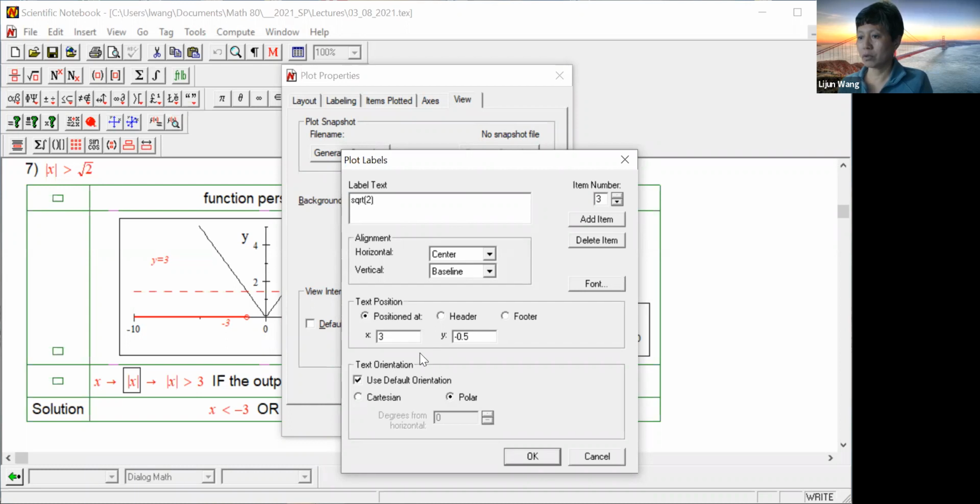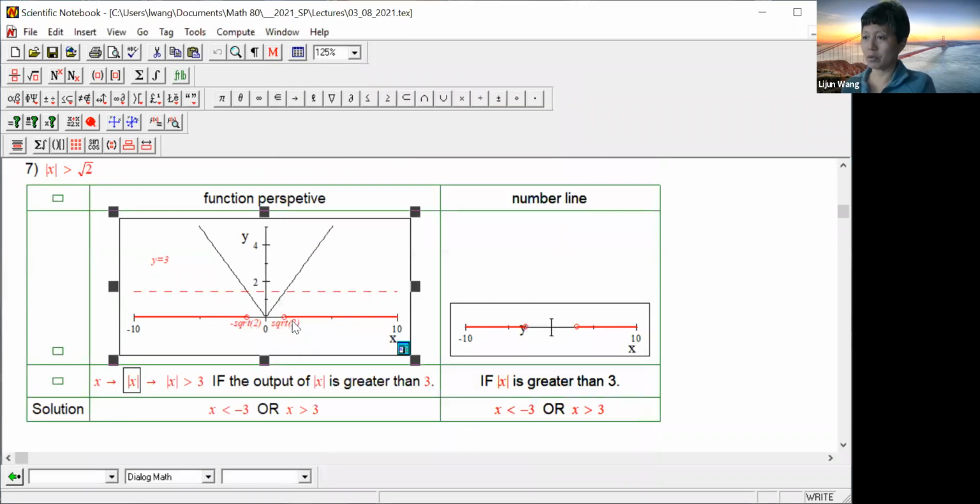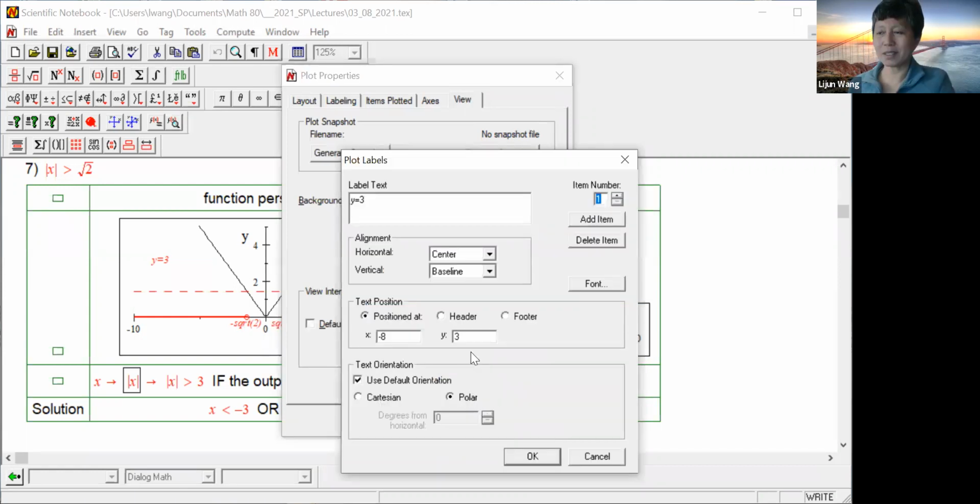We may like to scoot over a little bit. So this is going to be -1.5, no, this is going to be +1.5, and this is going to be -1.5. I'm just approximating the position. So this becomes square root of 2, and this number will turn into this. Do you see the process?